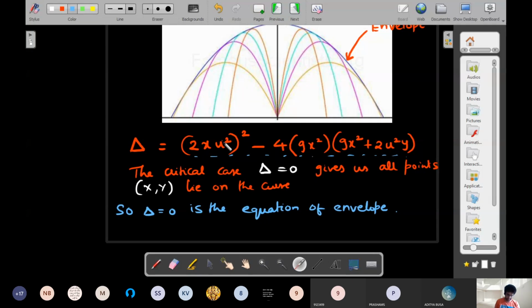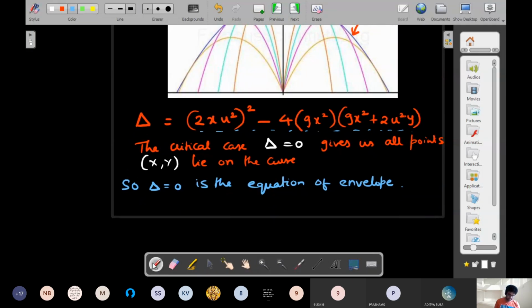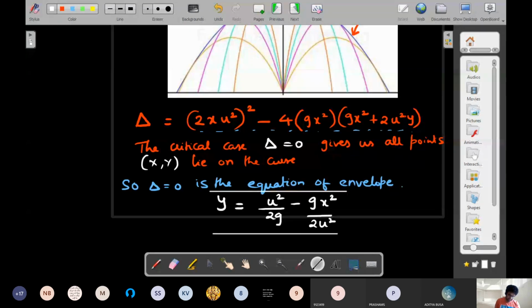I'll rearrange the entire thing and write it in a more familiar form, so that you can recognize the shape of that curve. y is equal to u square by 2g minus gx square divided by 2u square. This would be the rearranged form of the delta equal to 0 condition, which is interesting.